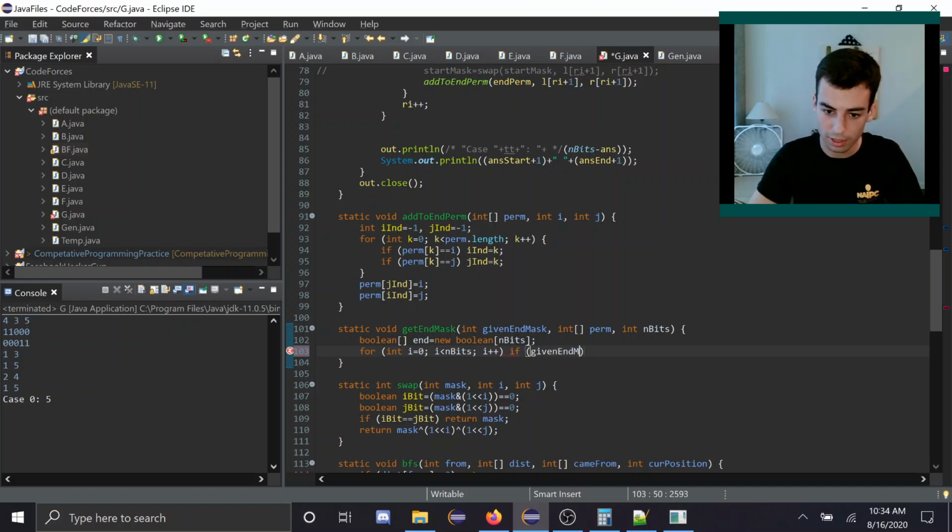If given end mask and one left shift I equal to 0, now equal to 0, and end at perm I equals true.